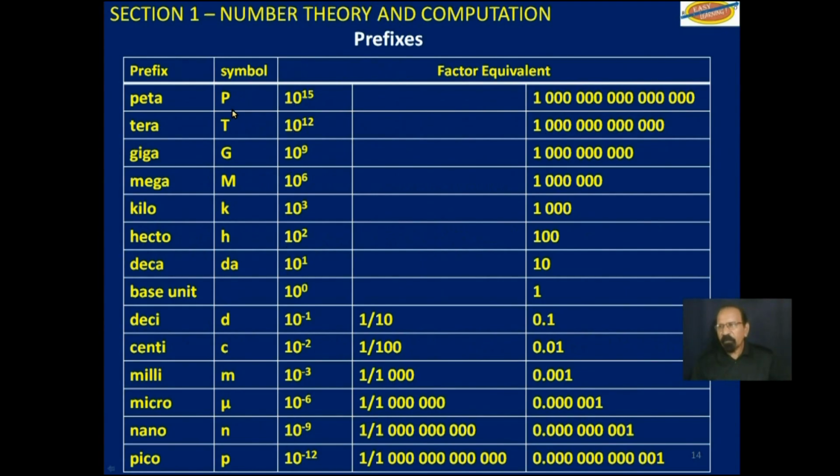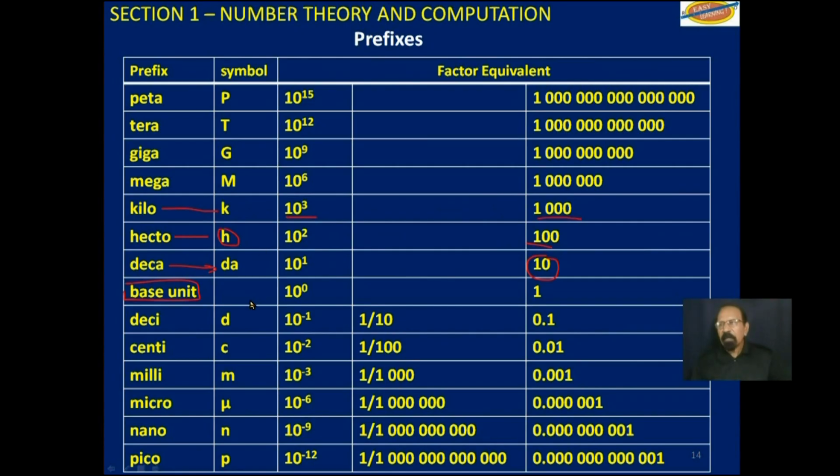But the prefixes, if you start with a base unit here, if you take 10 of that base unit, you get deca, so that's 10. 100 is hecto, which is this. Kilo is 1,000, and so on. We will learn them as we go along, at least those that we need to know.